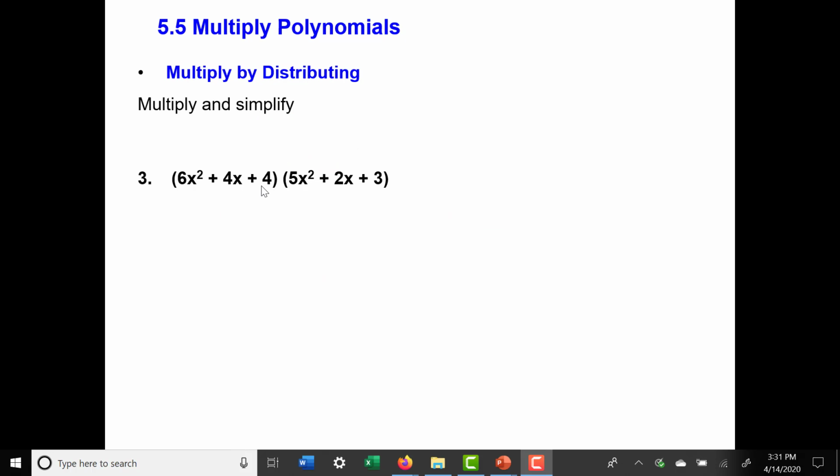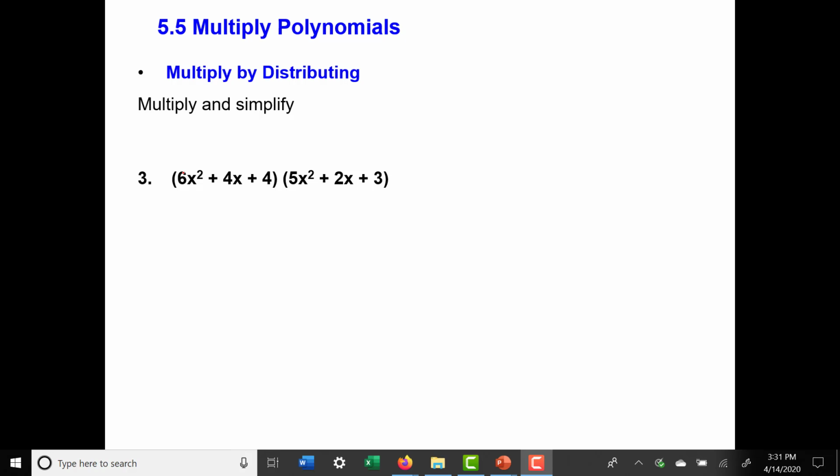In this example, we want to multiply a trinomial times a trinomial. We have 3 terms here, we have 3 terms here. What we need to do is multiply, and the procedure we apply is the same procedure we applied in the previous cases.